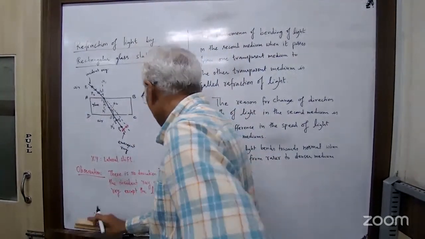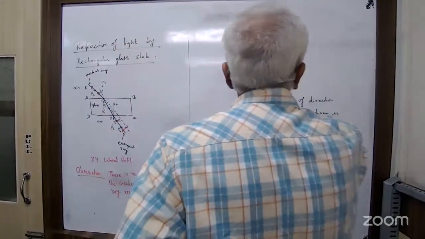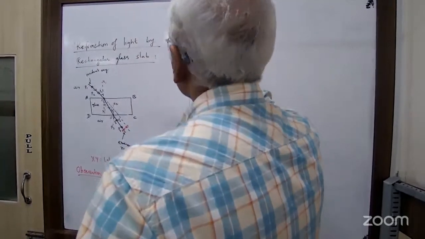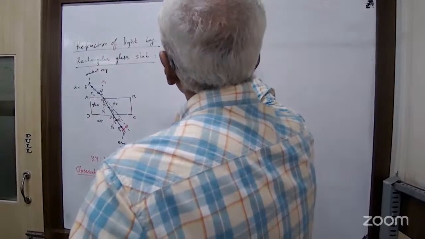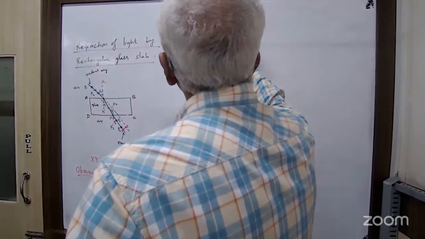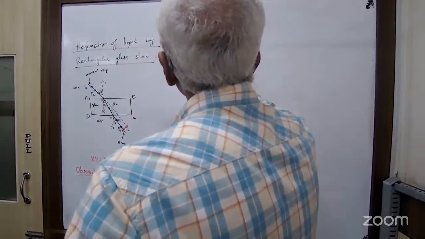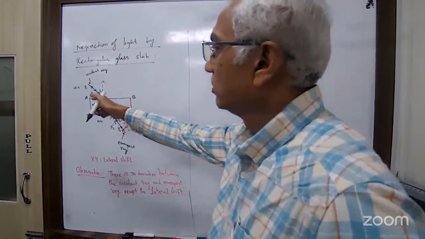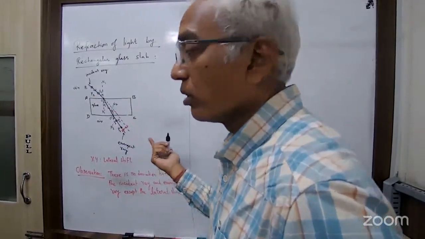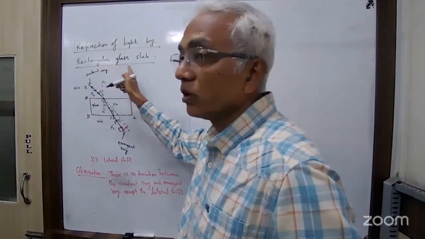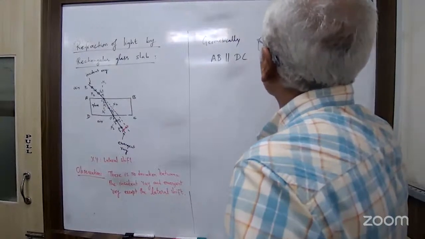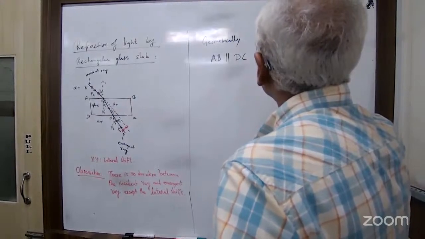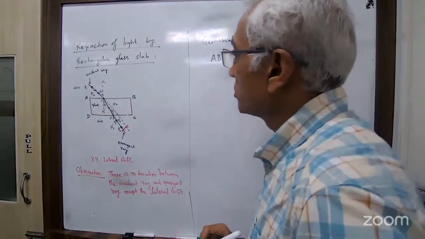So geometrically, AB is parallel to DC. Opposite sides of a rectangle are parallel, that is a property of a rectangle. It's a rectangular glass slab, right? Since it is a rectangle, opposite sides are parallel.